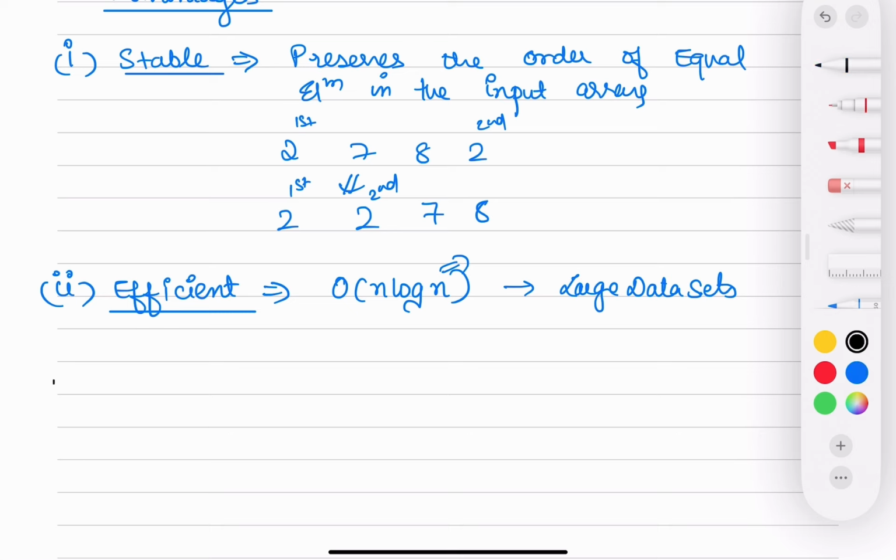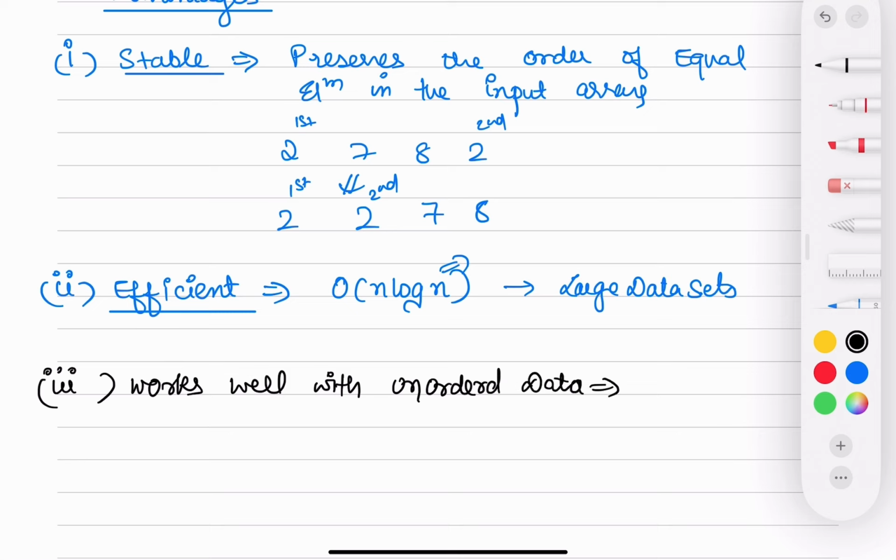Then the third advantage is that it works well with unordered data. What do we mean by this? It performs very well, in the sense that it performs the same, as I have just talked about, whether you take the best, average, or worst case.